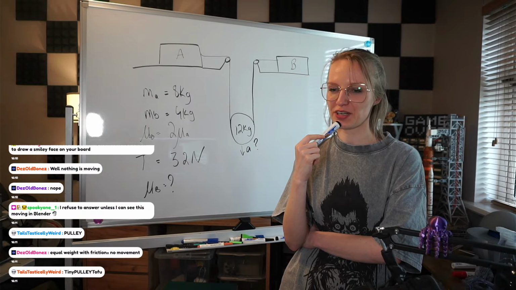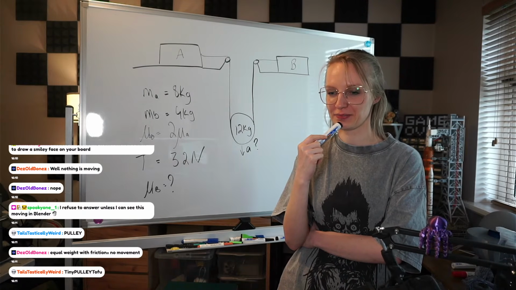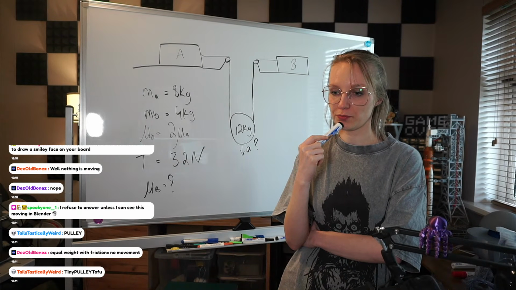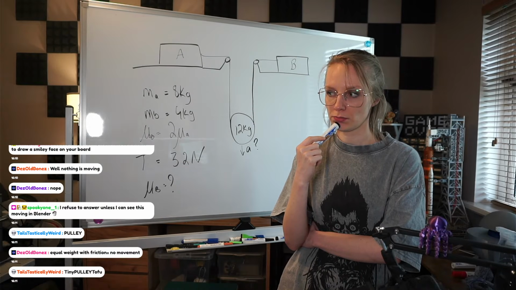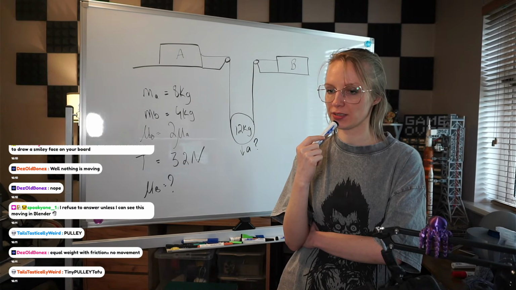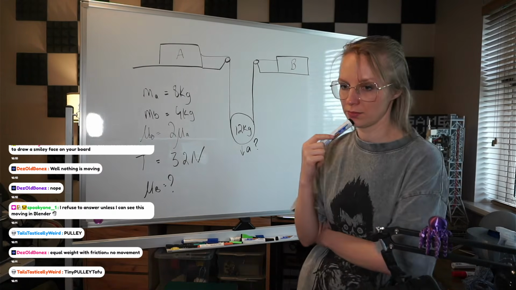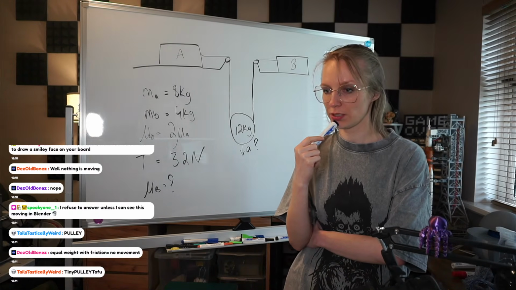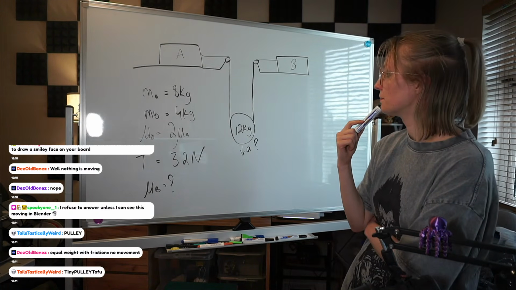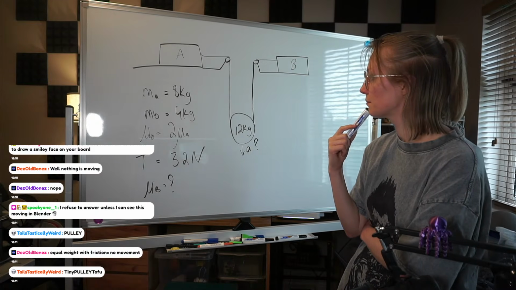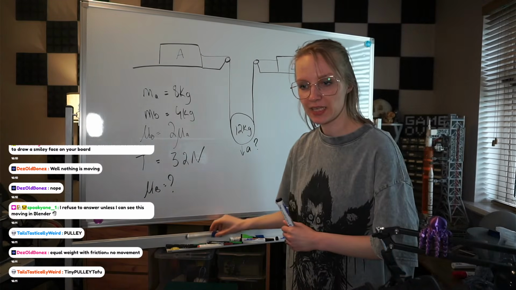I refuse to answer unless I can see this moving in Blender. Fair enough. Equal weight with friction, no movement. Sure, but why would you say that it's equal weight with friction? Nowhere did I state that. Where did I say that? Tiny pulley tofu.